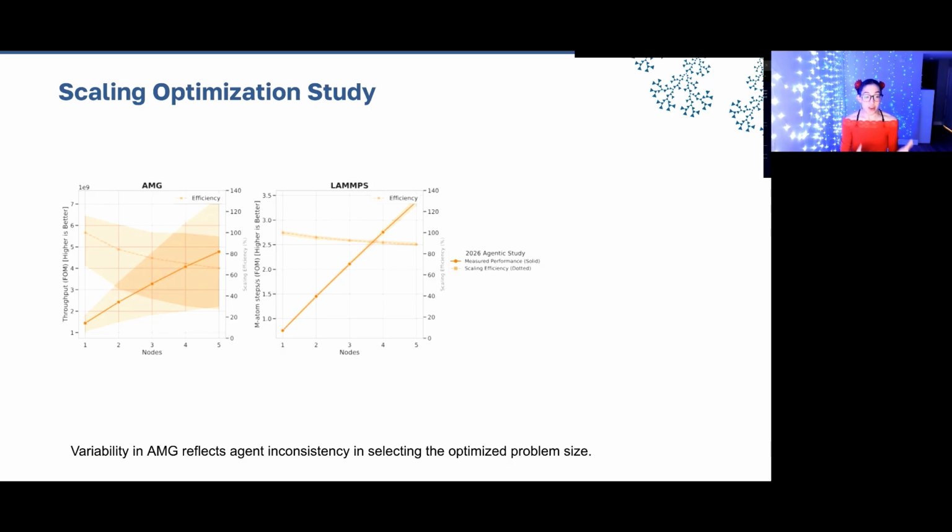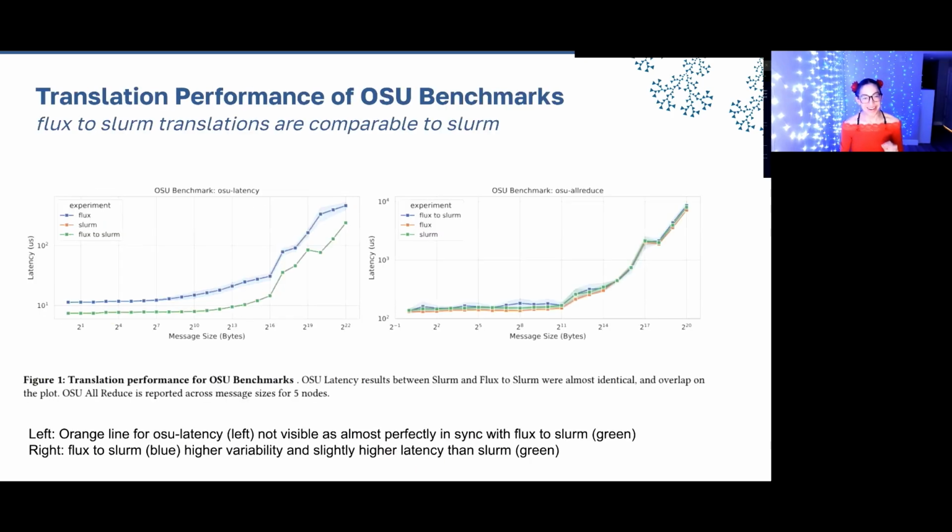For example, with AMG, if you don't tell it anything, it will often choose a really big problem size, get killed early on, and then kind of flounder a little bit. It's much better to tell it to start at a specific problem size and then go up incrementally until it figures out what it deems optimal.